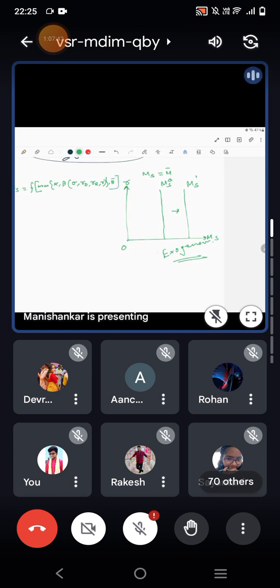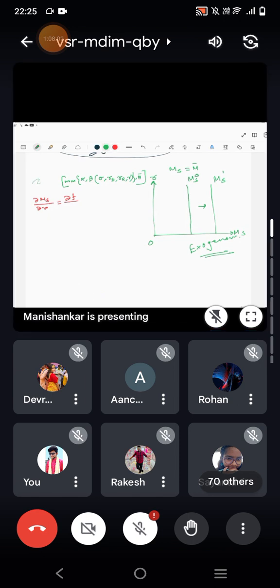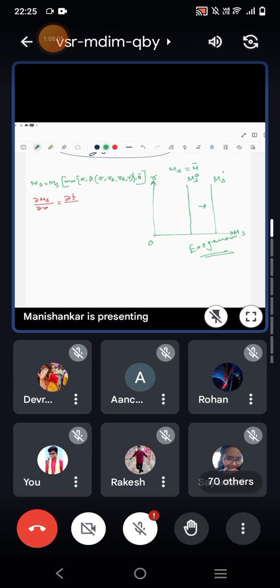Simply, I'll show you this way using the chain rule. Money supply is a function of r. Writing it this way makes it easier to understand. Money supply is a function of money multiplier. So chain rule. Money multiplier is a function of beta. Beta is a function of r. So ultimately, it is money supply and r, their relationship.